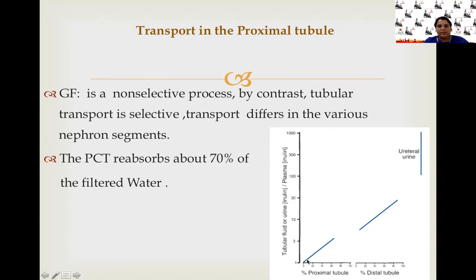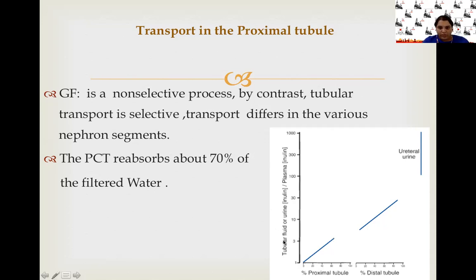Simply understand that, just as an example, if the concentration of inulin is 10 grams per 10 ml at the beginning of the proximal tubule, and water is also the same, as inulin and water pass through the proximal tubule, only water is reabsorbed. So the relative concentration of inulin is increasing, which will help us tell the percentage of water being filtered.